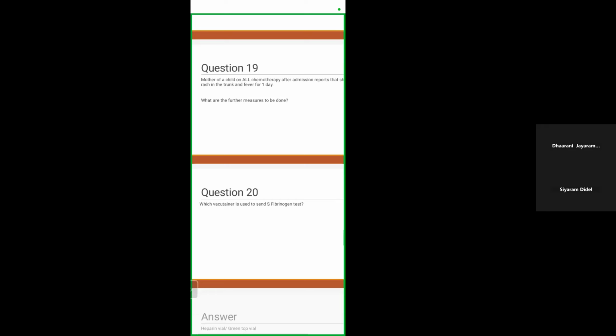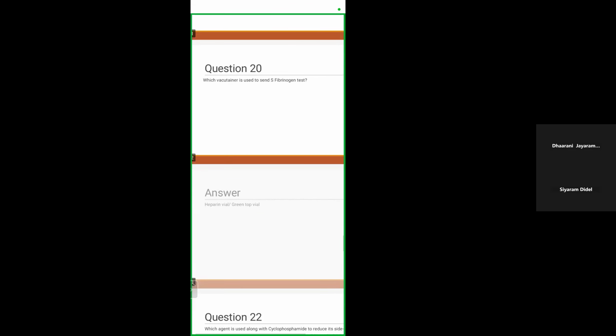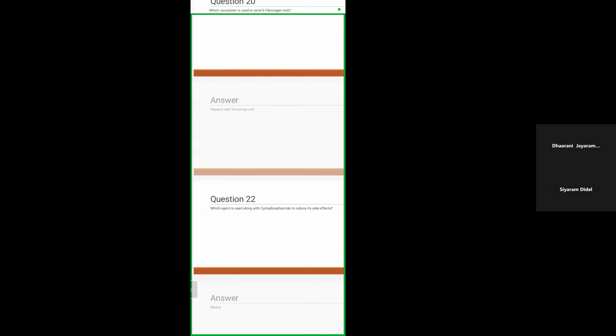Correct. Sorry, the answer here is wrong. It's a citrate container, the blue citrate container, which is correct. So we have citrate also as an answer, and that's a correct answer. What I have written here is wrong; that's for a different question. Next, what agent is used along with cyclophosphamide to reduce its side effects?